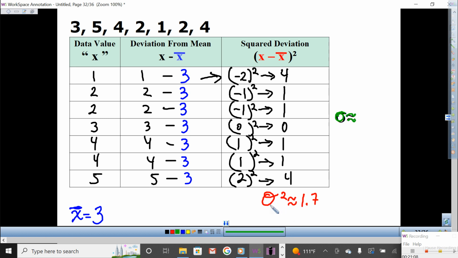How can I leave the deviation by itself? Tell your neighbor, if it's squared, what do we do? Very good. Take the square root. So do me a favor, get your calculators out. Find me the square root of 1.7.